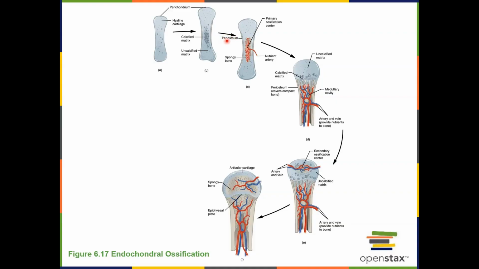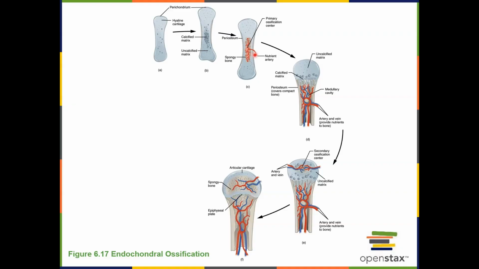So the periosteum has osteogenic cells that can mature into osteoblasts on the superficial surface, and the blood vessel carried in osteogenic cells that are differentiating into osteoblasts to create this primary ossification center.